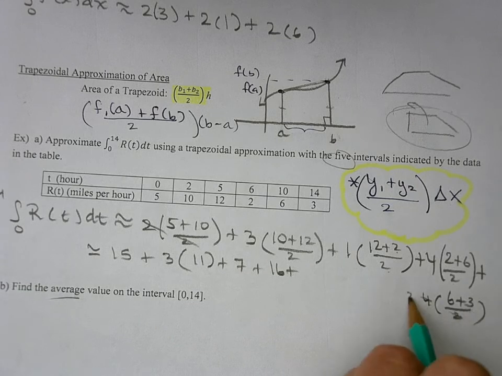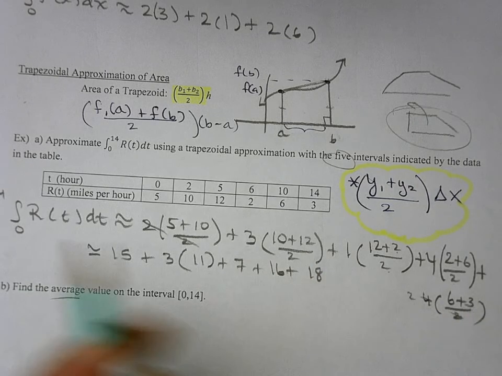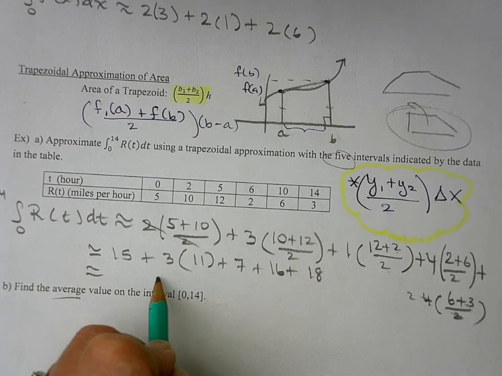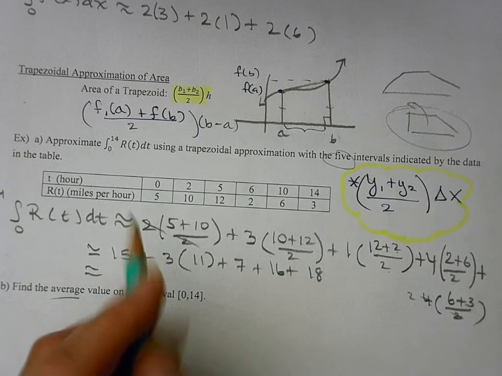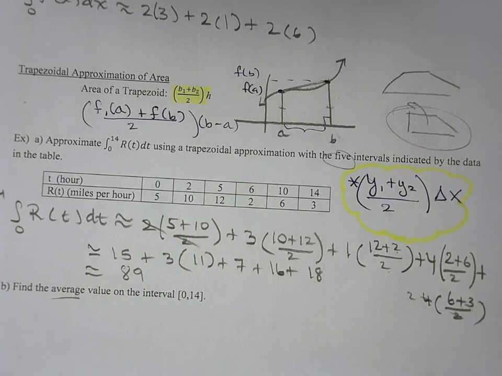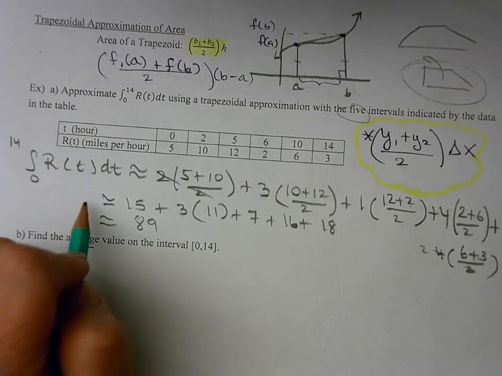So what is that, 18? I'm going to use a calculator right now and hope I did not already make a silly little mistake. Okay, I'm getting 89. I just did a quick check to make sure I didn't mess up, at least from here to here.